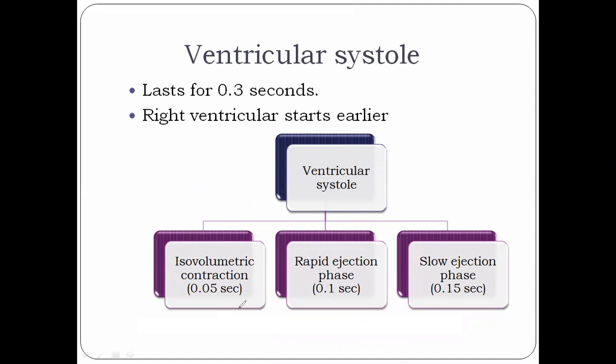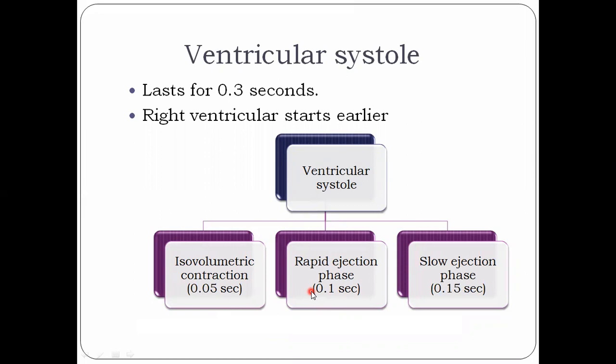Now, let's come to the next phase. It is the rapid ejection phase. The duration is 0.1 second. What does this phase mean? Let's break this word again. Rapid ejection: the blood is being rapidly ejected from the ventricle.